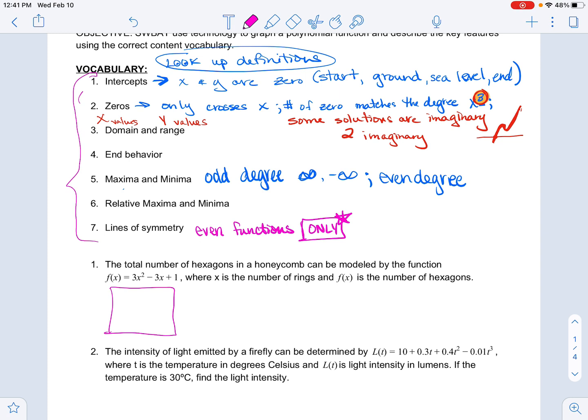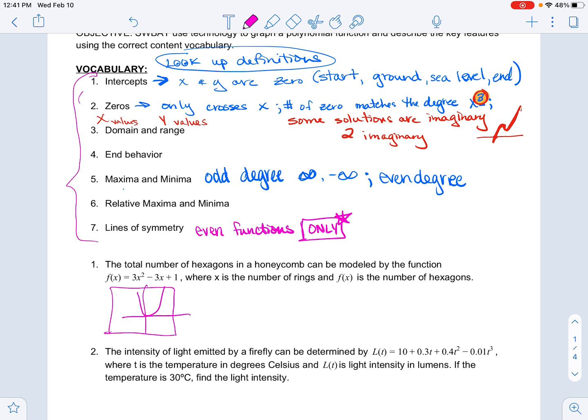What is happening in this problem? So I want you to take a screenshot of the function and include it here, where x is the number of rings and f of x is the number of hexagons.